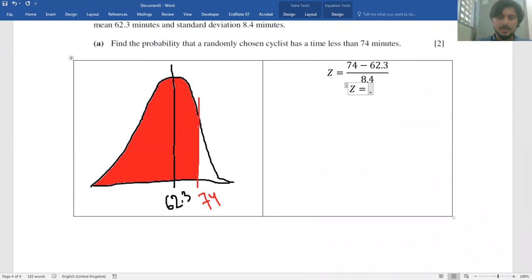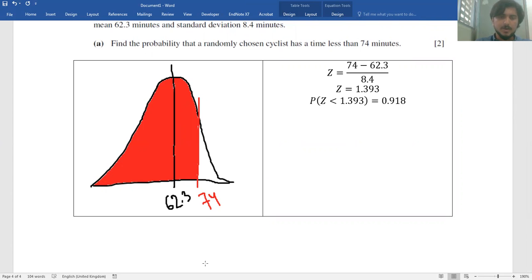So the value of Z that you will get is 1.393. And once you read it from the normal distribution table, you'll end up getting 0.918. So this is how we do the first part for discussion.